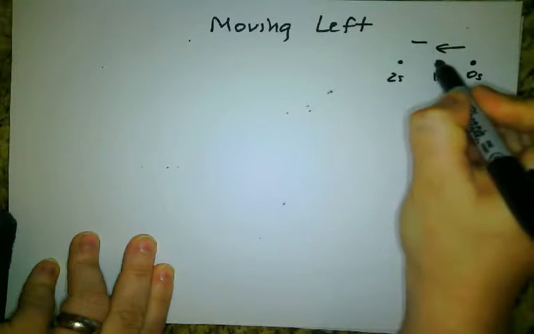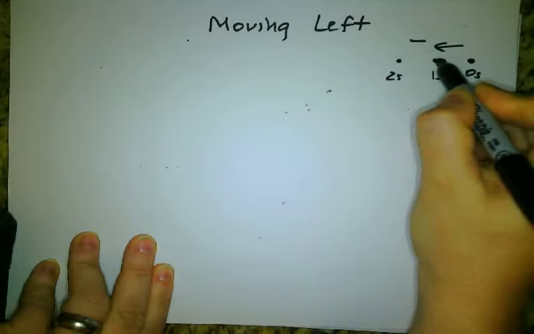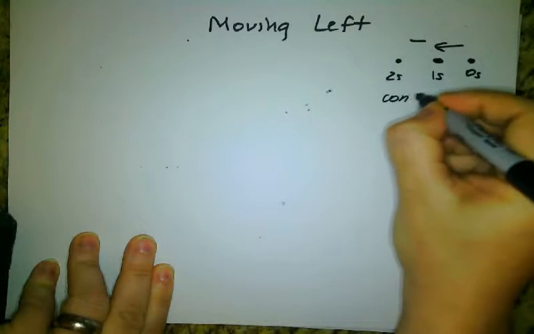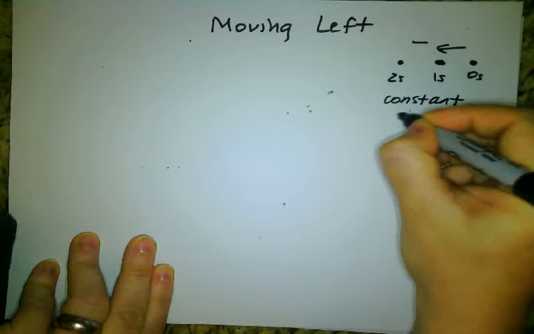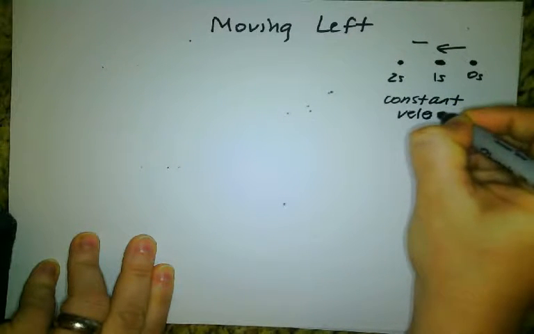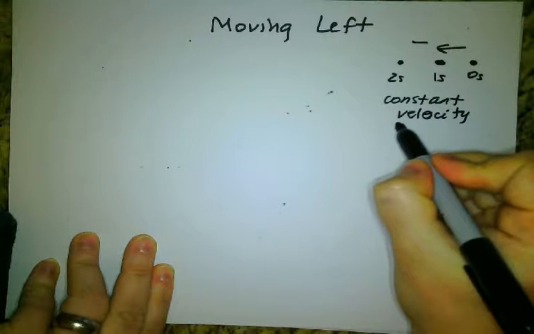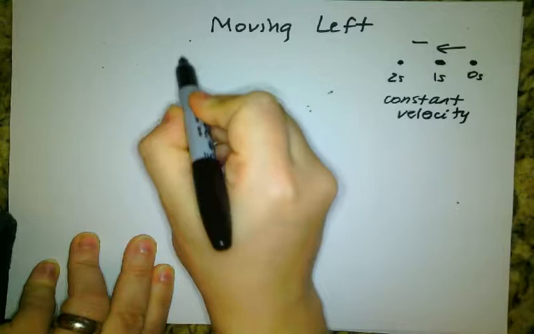So what am I drawing here? I'm trying to draw them equally spaced. If they're equally spaced, that means I'm drawing constant velocity. So what that means is it has a constant speed and it's going in a straight line.